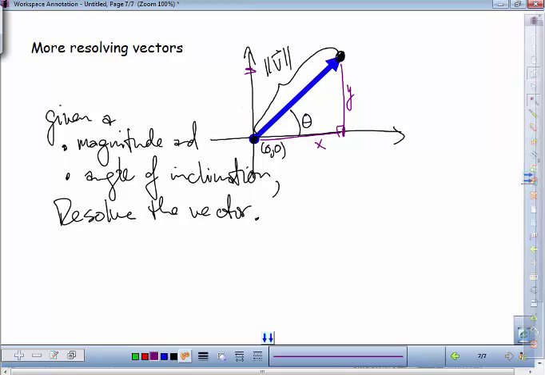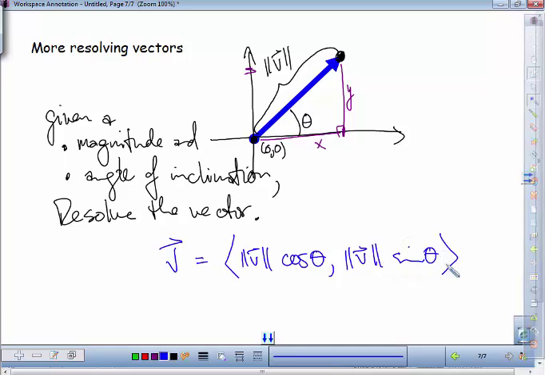And so your vector v can be given as the magnitude times cosine theta, and cosine is adjacent over hypotenuse, that's the relationship. And then we have the opposite side is the y value, times sine theta. Okay?